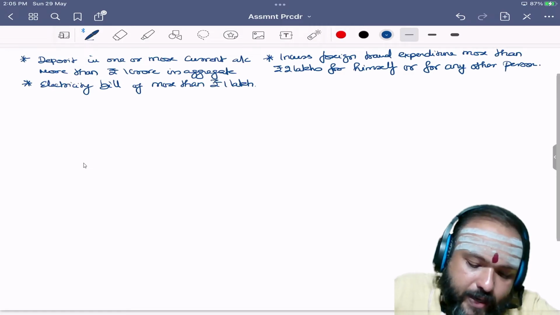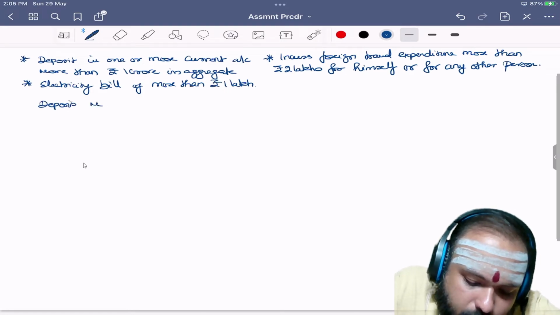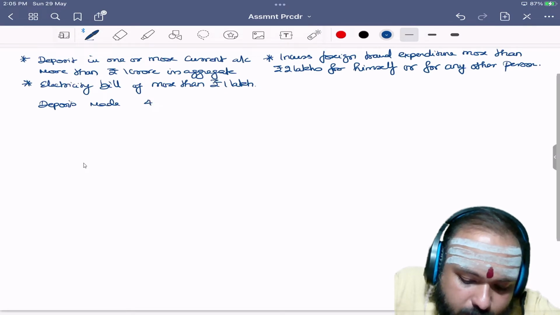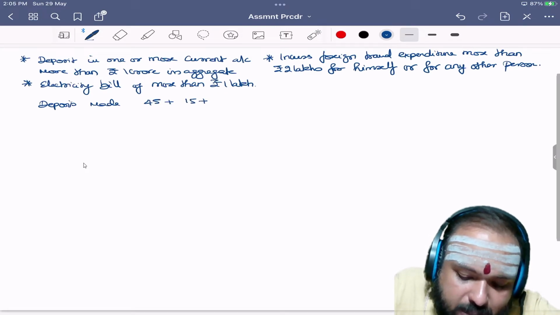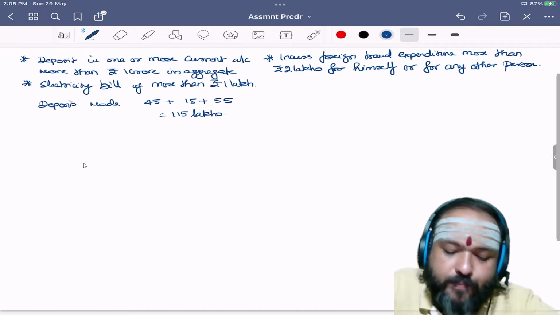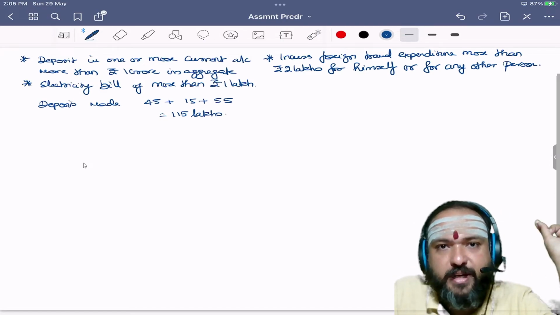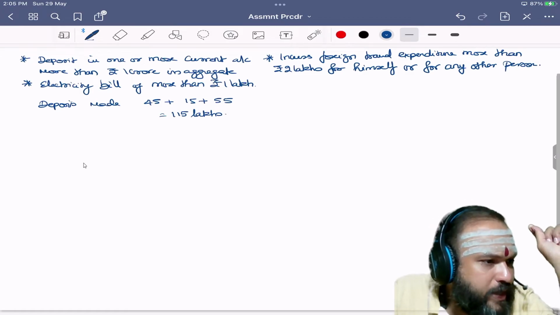Now, what is the aggregate deposits? The deposits made is 45 lakhs plus 15 lakhs, which is 60 lakhs plus 55 lakhs. Therefore, 115 lakhs is the total deposits made. He has made deposits of 115 lakhs. What is his total income? His total income is 1.9 lakhs.